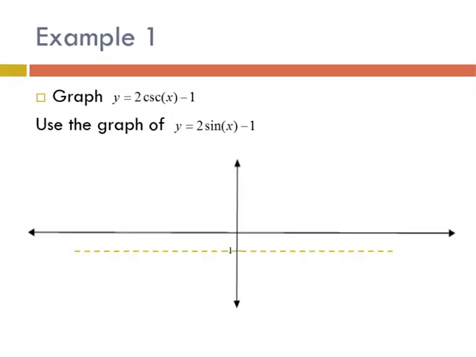So here is our center line. All right, and then we have an amplitude of 2. So an amplitude of 2 means that from this center line, your sine function is going to go down by 2. So that's going to take you down to -3. And then it's going to go up from the center line by 2.